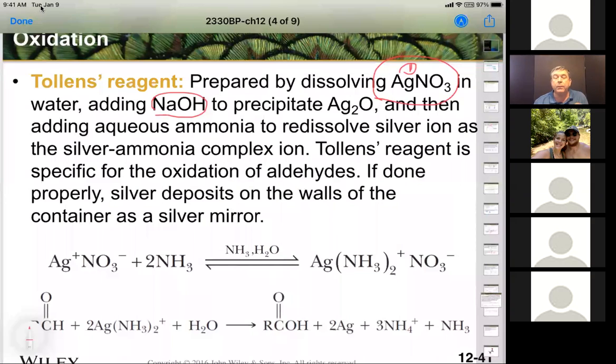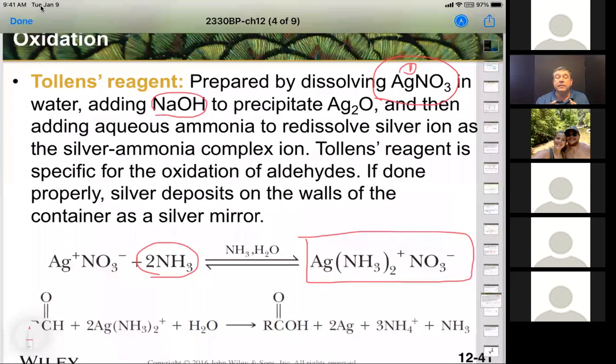And so when we have that reagent dissolved in solution, with this ammonia here, it creates a complex right here, okay? This complex is water soluble, okay? This ammonia silver complex is water soluble.